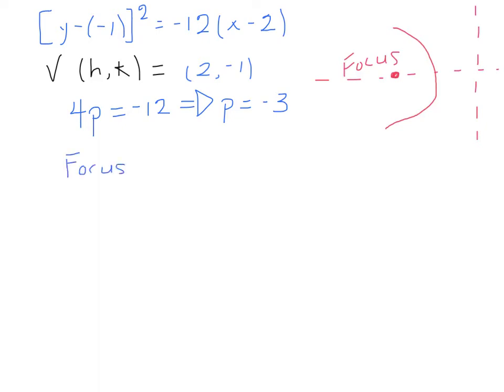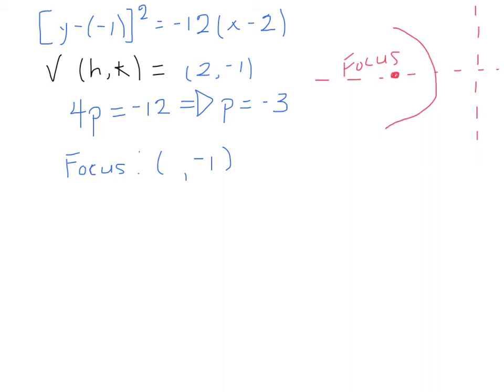Now, because the axis of symmetry is horizontal, that means that the focus will have the same y-coordinate as the vertex. So we know that the focus has a y-coordinate of -1, and keep in mind that the vertex was 2, -1.